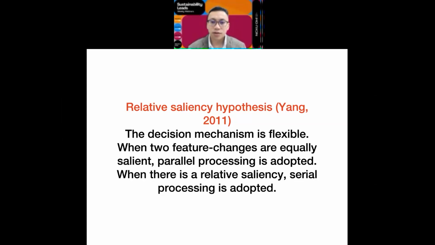According to the signal detection model, we assume that no matter whether there is a relative salience between the two features, all the participants will adopt coactive processing to process the two feature changes. The traditional signal detection model does not assume that the decision strategy may change as a function of the relative salience.